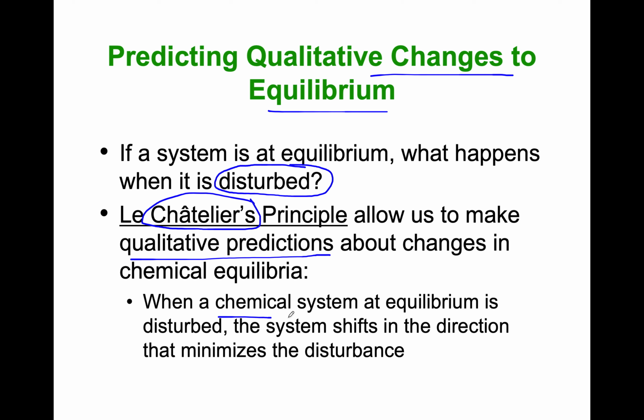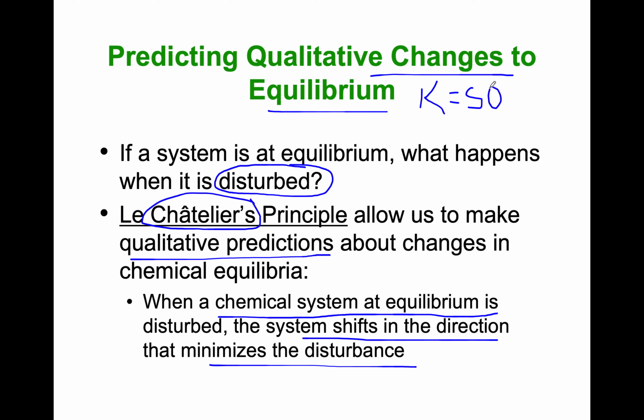And this is looked at as the following. When a chemical system at equilibrium is disturbed, the system shifts in the direction that minimizes the disturbance. What this means is, like before, we had an equilibrium constant of 50.